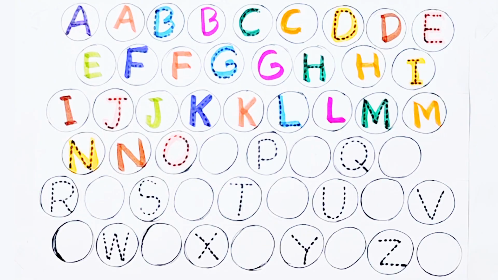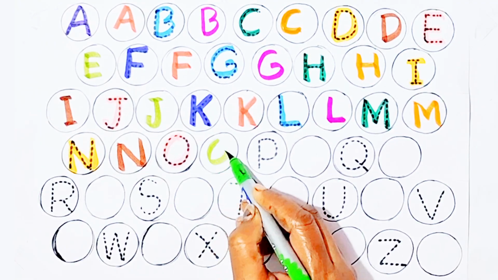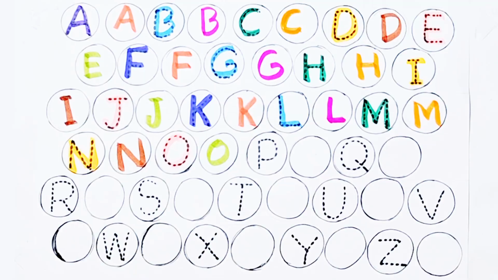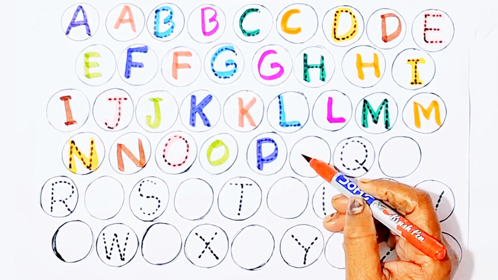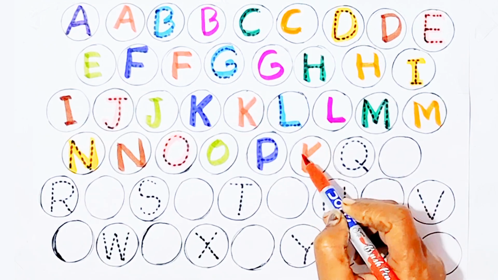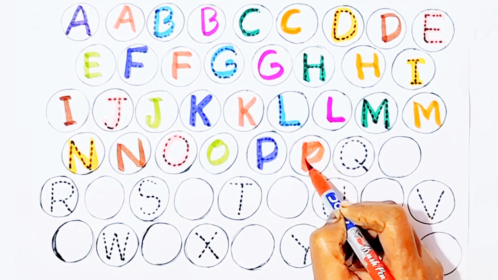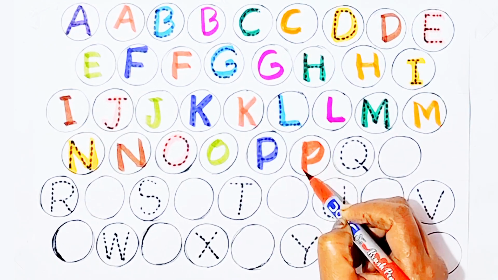O. MacDonald had a farm, E-I-E-I-O. And on his farm he had some ducks, E-I-E-I-O. With a here and a there, everywhere. Old MacDonald had a farm, E-I-E-I-O.